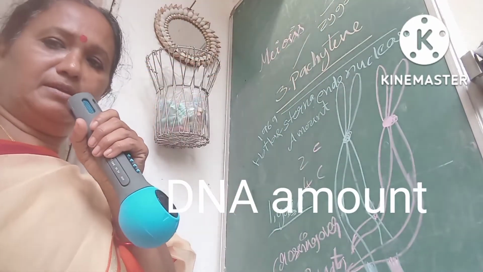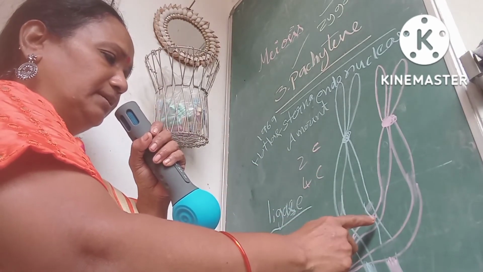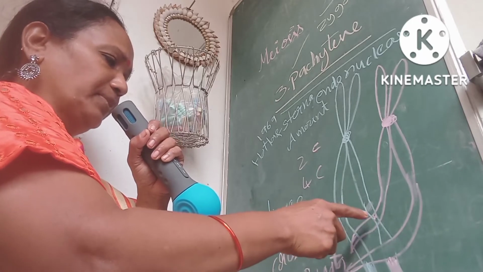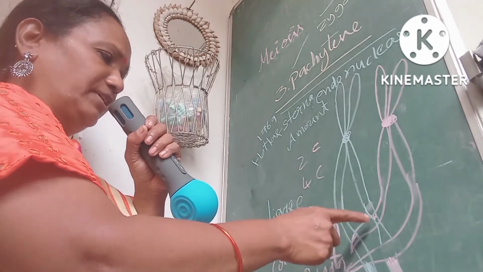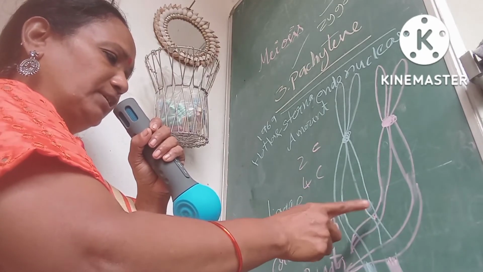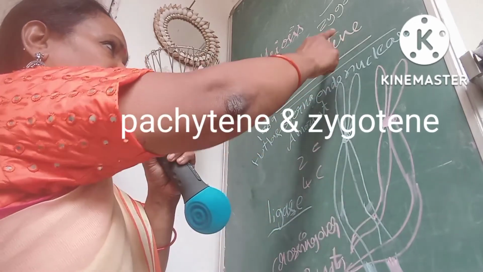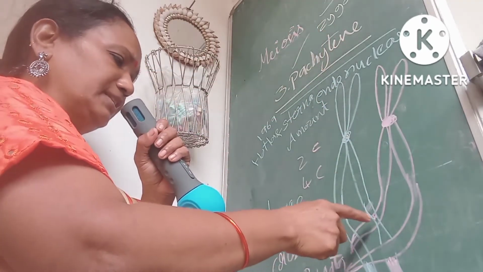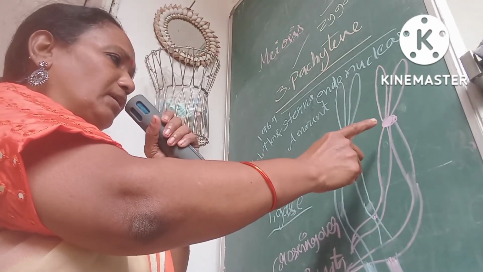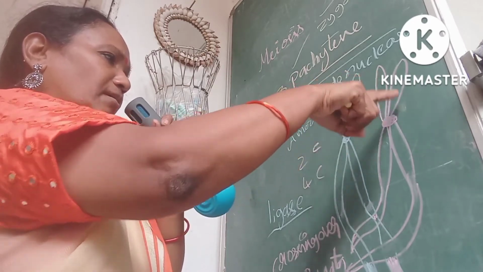This DNA, which is increased during the pachytene and zygotene, is used for repairing the broken DNA during crossing over and chiasmata. Wherever the cut places are, it is utilized. It remains prominent up to this stage, and it is found in the nucleolar organizer.